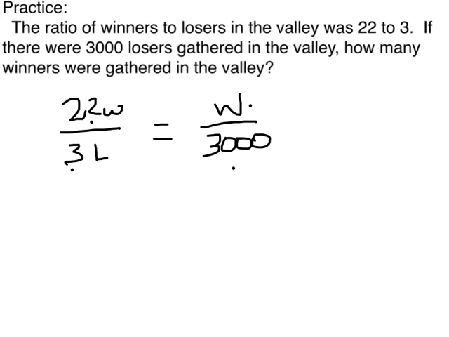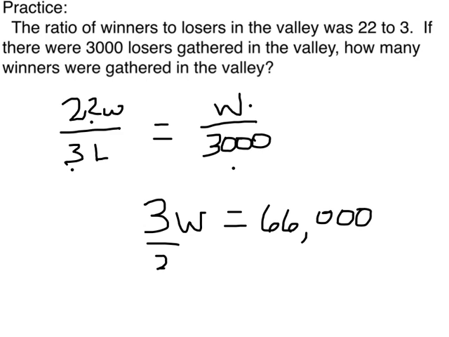So we're going to say 3 times the unknown would be equal to 3,000 times 22, which is 66,000.